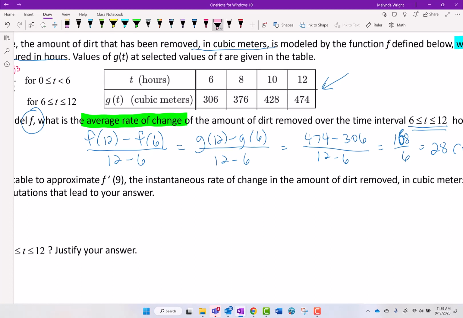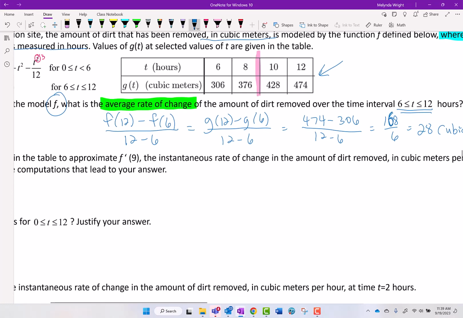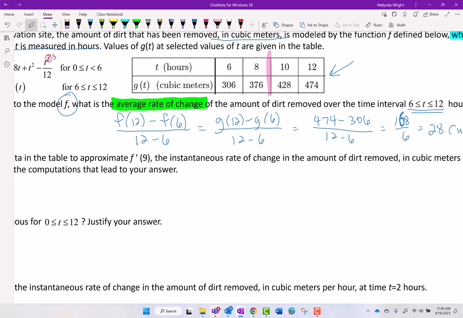So we go to where 9 would be. 9 is right in here, right? And we do our average rate of change. To approximate the instantaneous rate of change, we're using average rate of change. We did that in the last class period.